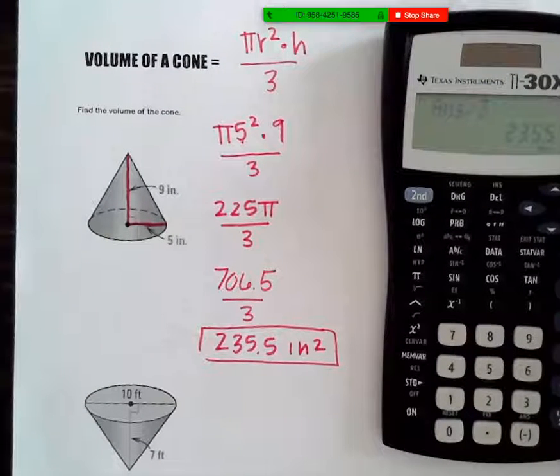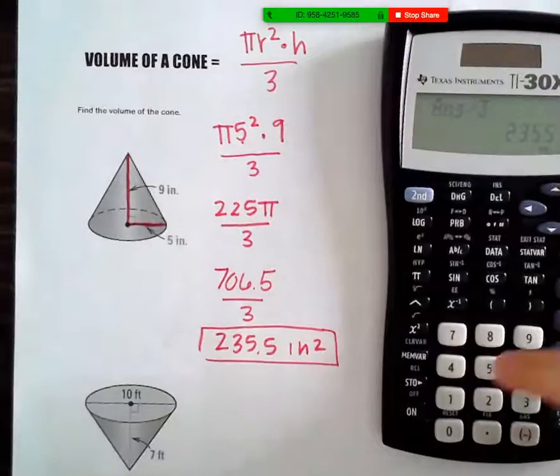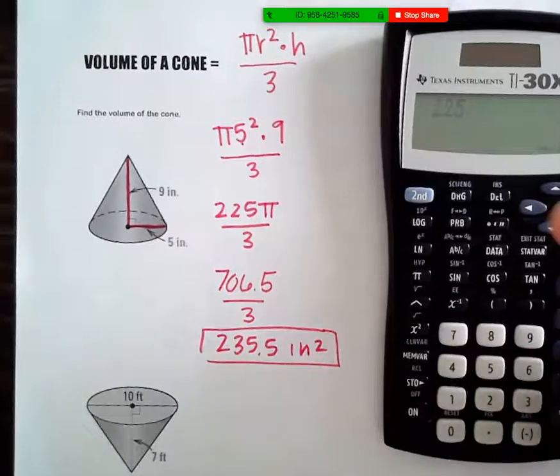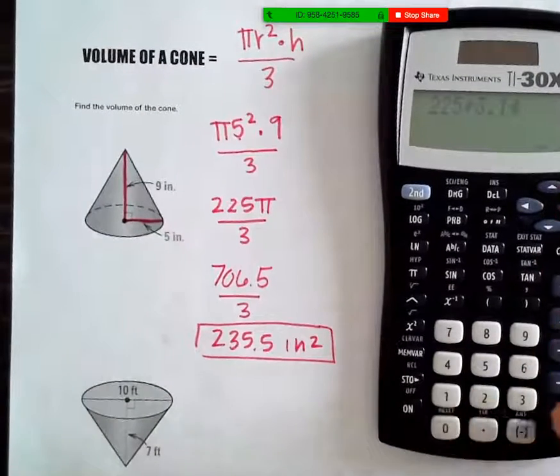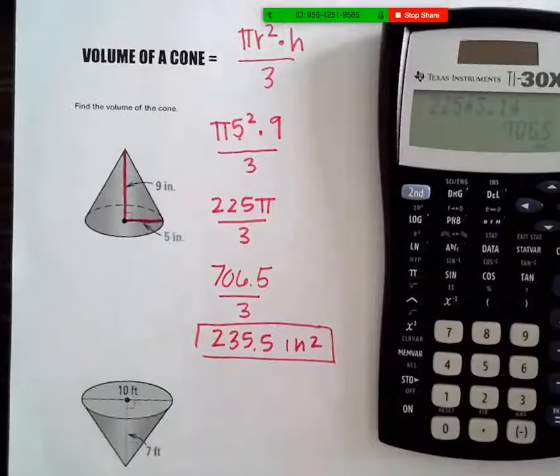Yep. I got 739.84. When you took 225 times 3.14, you didn't get 706.5? Oh, I did. Okay, good. I got it now. Perfect. Love that.